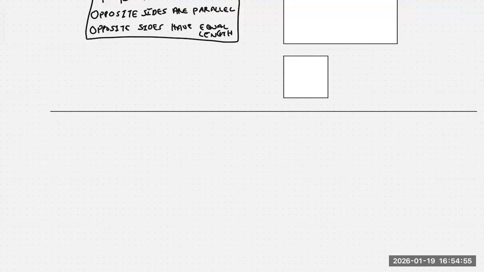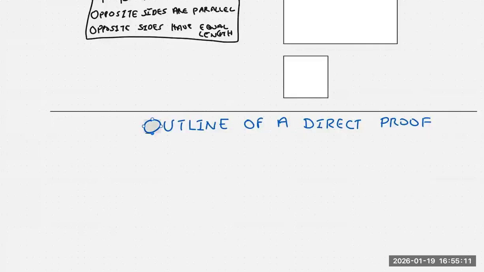You have indirect and you have direct proof, and the method that we're going to use is called a column proof. So we're going to give the outline of a direct proof.